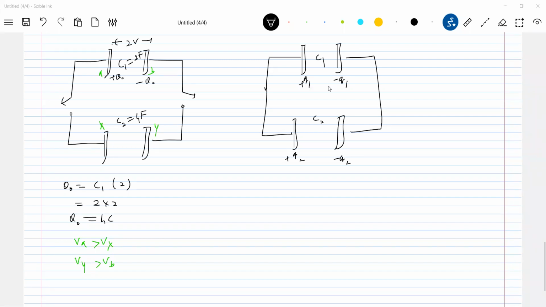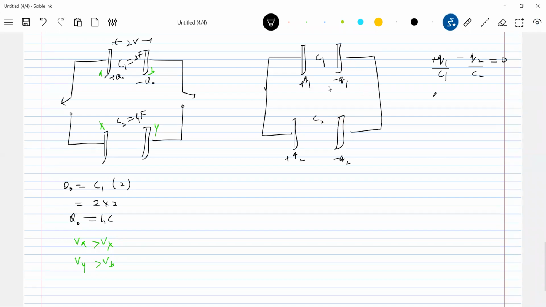So how many unknowns are there? Q1, Q2. Let's see what equations we can write. First, let me write the loop equation. Rather than saying both are at the same potential, let me say loop equation, because this idea will help you a lot. I'll trace the loop, moving from negative to positive plate: plus Q1 by C1 minus Q2 by C2 equals 0.